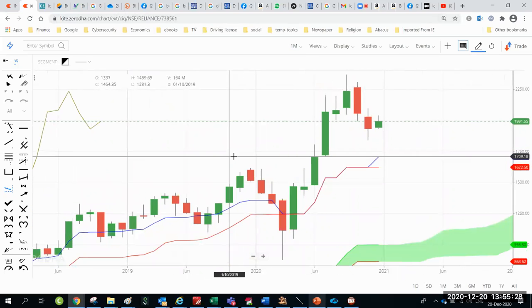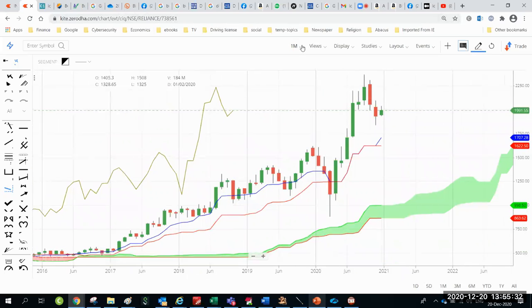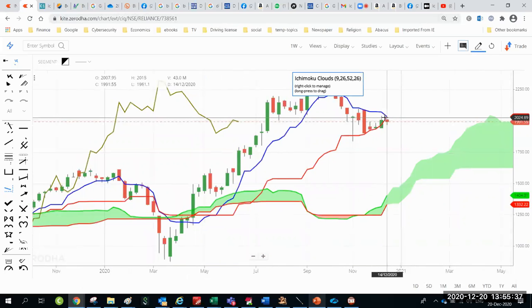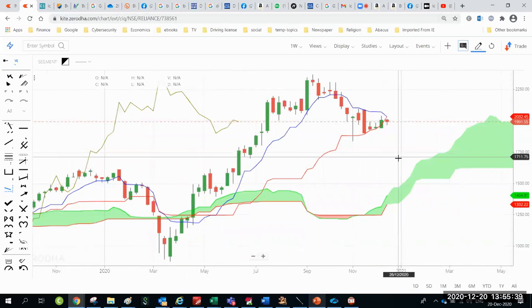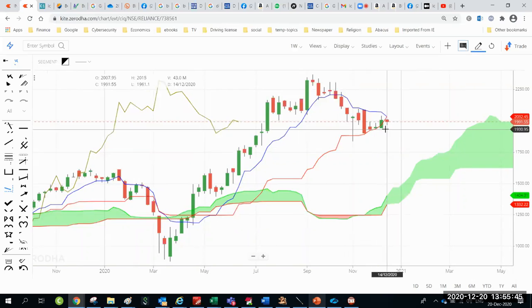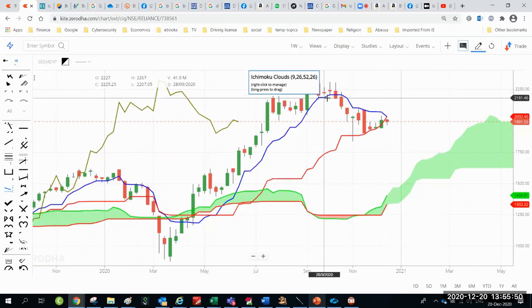On the one month chart, it is still not a sell signal, but for the short term, even for the one week, it is going to be a sell signal. You can see, because the price has just fallen below the K as well as the T line. It has fallen below the T line already.